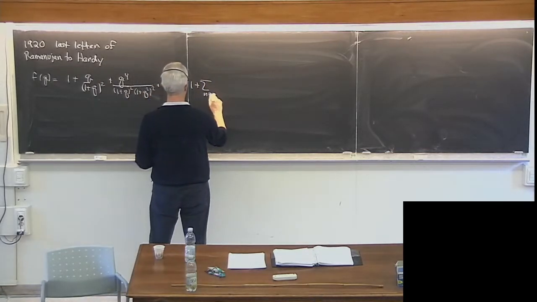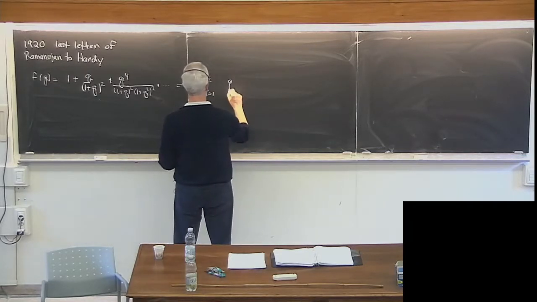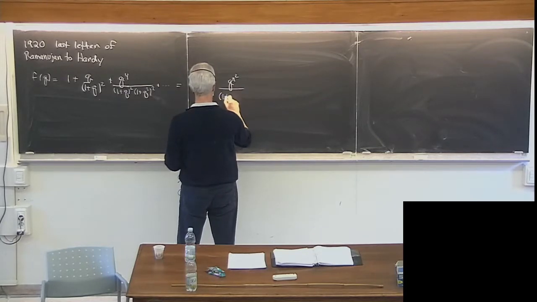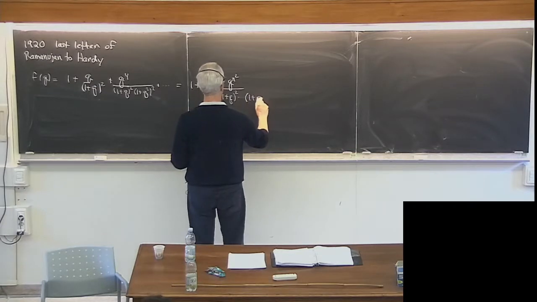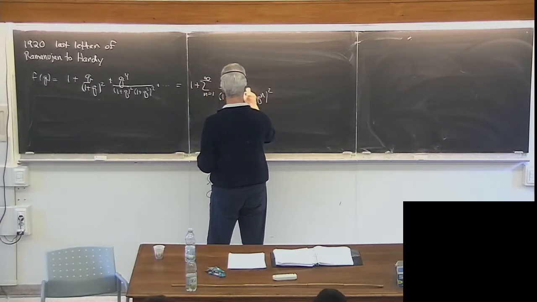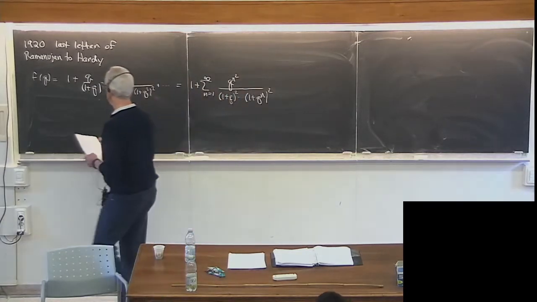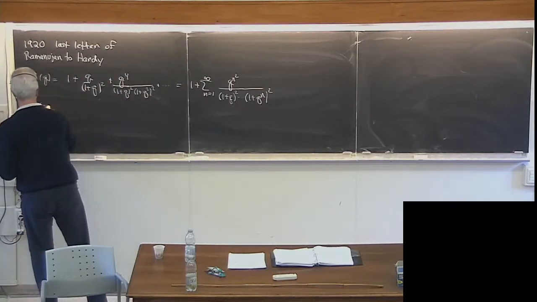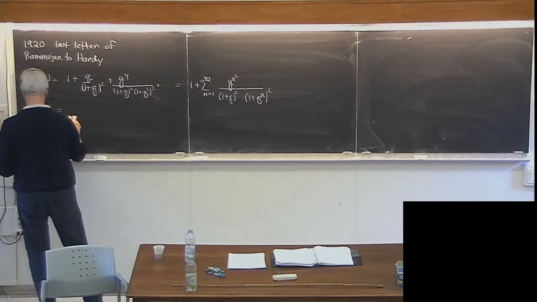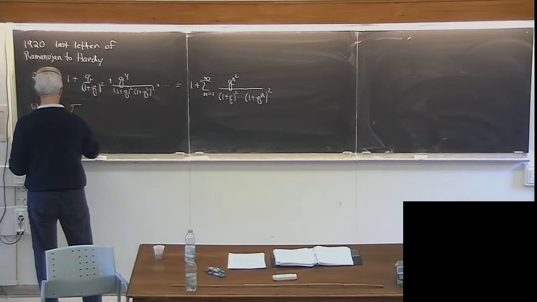So some infinite sum, a series in a variable q. I think he wrote down something like 17 of these things altogether. I'll just write down 2 of them.